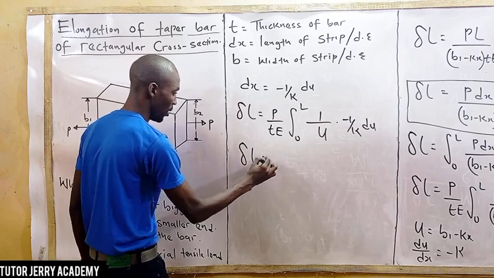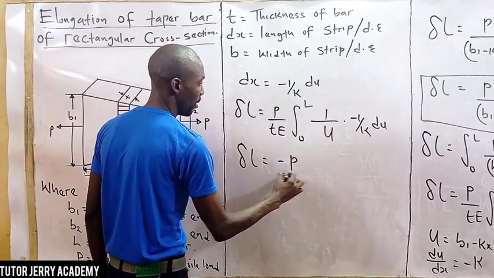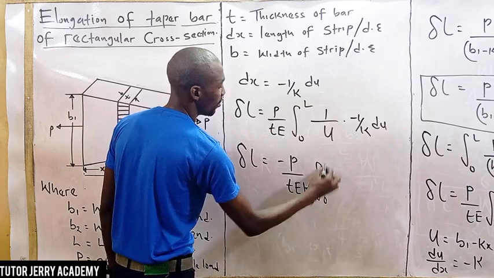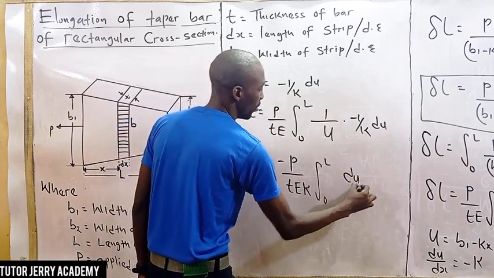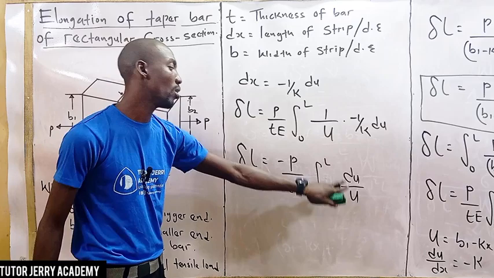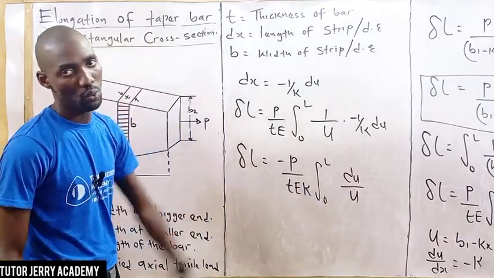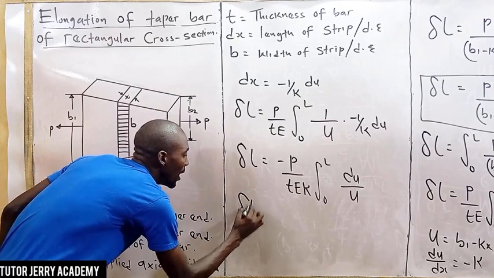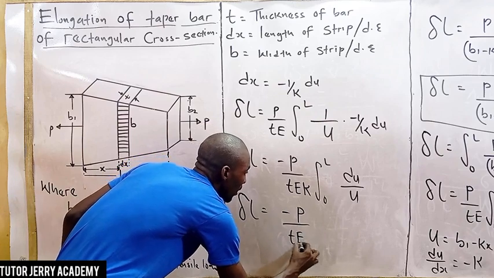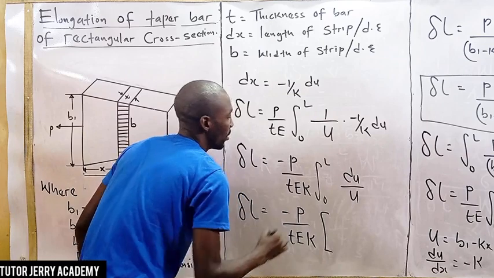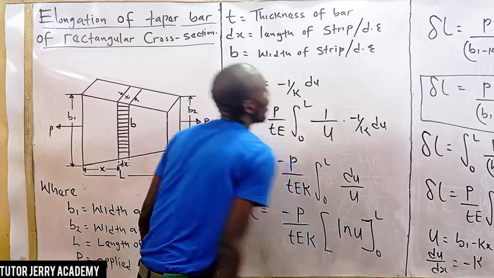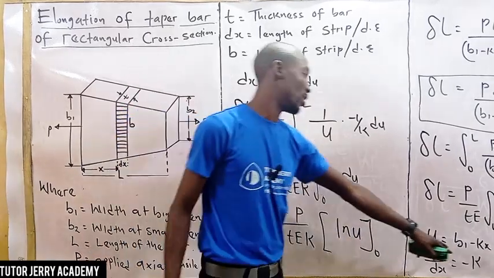So this will be equal to minus P all over T E K, then integration from 0 to L of dU all over U. And if you integrate dU all over U, you are going to get ln U. So now L will be equal to minus P all over T E K into ln of U. Then we are moving from 0 to L. Don't forget, our U is equal to B1 minus KS.